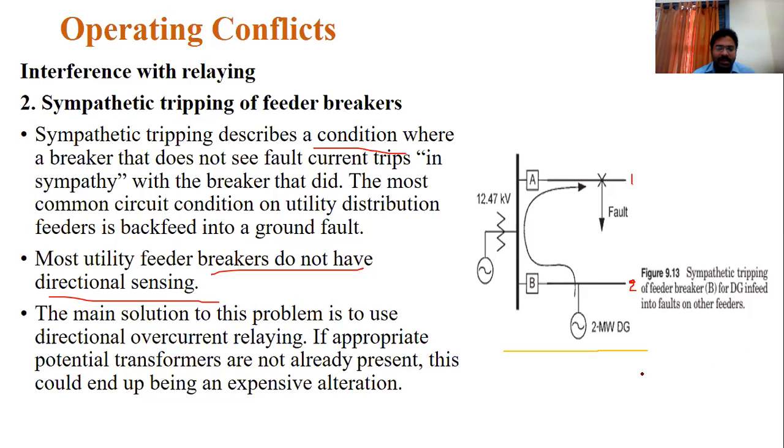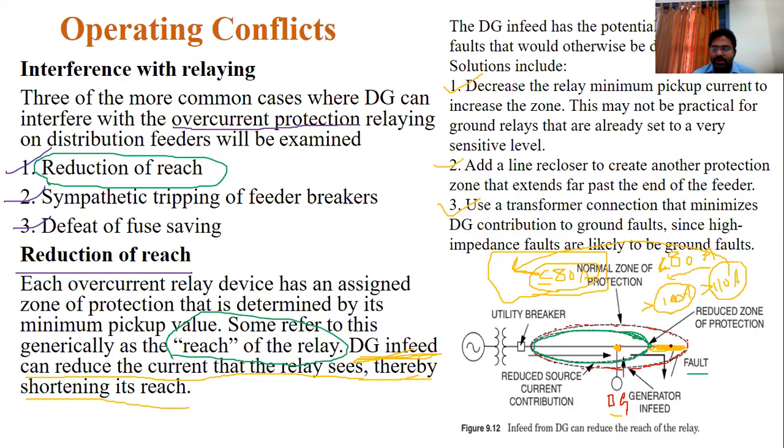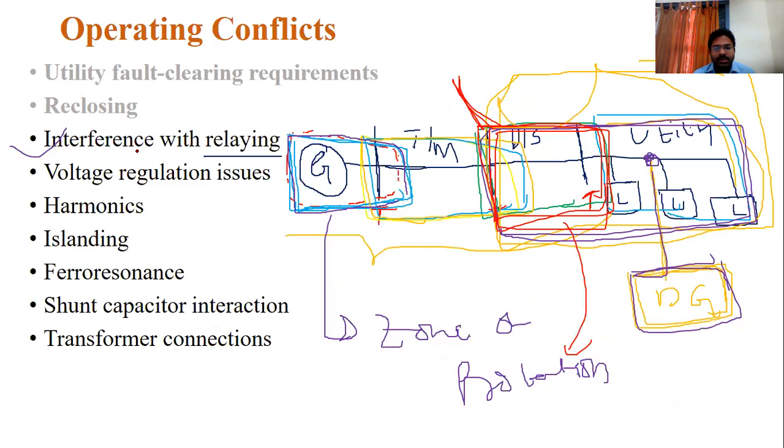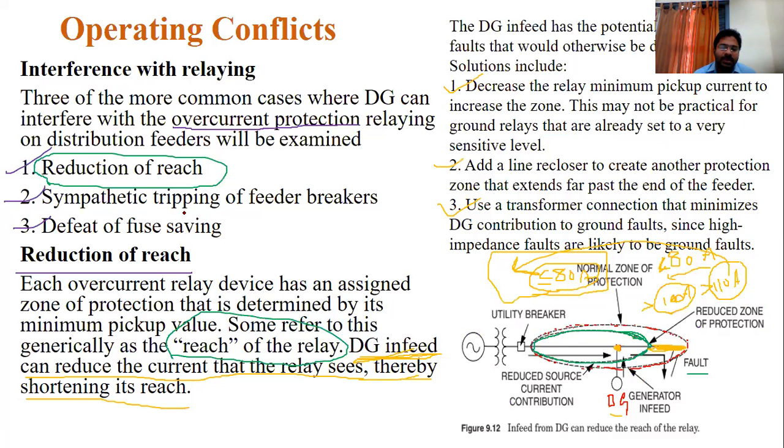So we can see this delay. The same problem is also faced by the feeder circuit breakers. Now we are going to see it next class. I hope you understand this one, the reduction of the reach. Next class, in this interference of relaying, only the second one: tripping of the feeder breakers and feeder fuse saving, we are going to discuss in the next class.